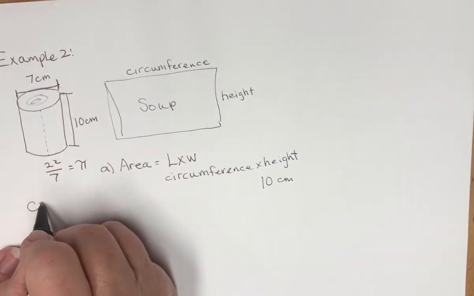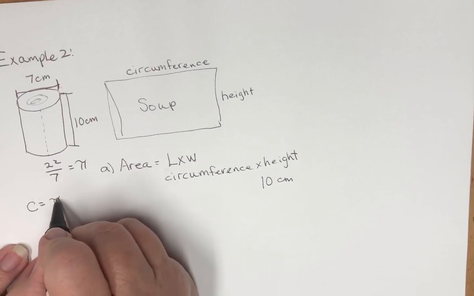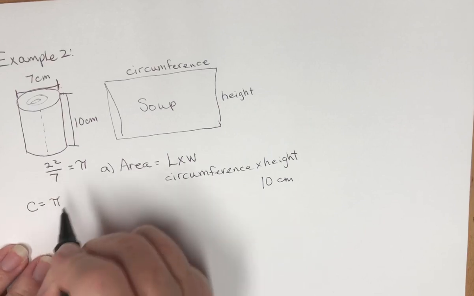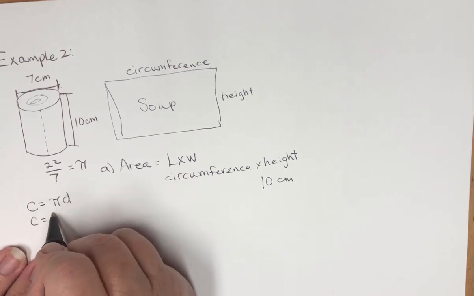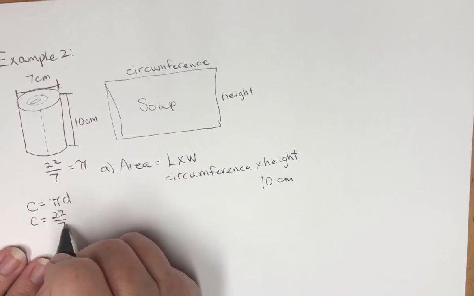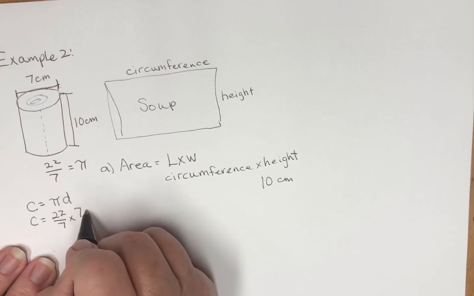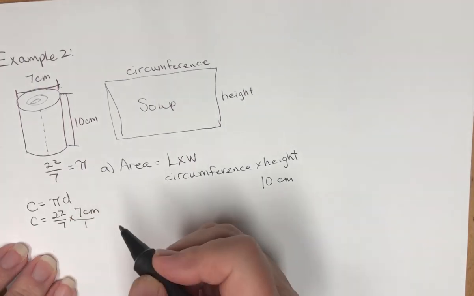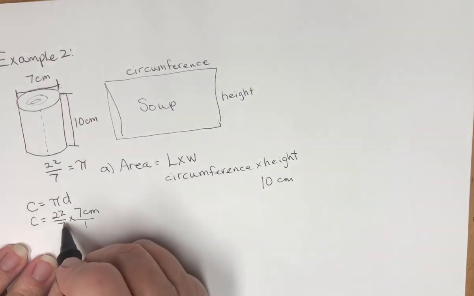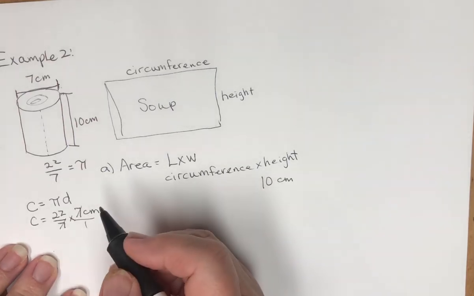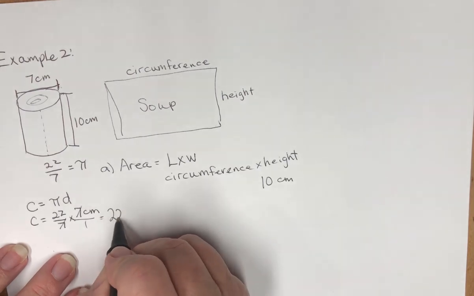So circumference equals pi times diameter. And here they want us to use 22/7 times 7 centimeters. Well, that actually works out really convenient for us, doesn't it? So now the 7s are going to cancel, and we end up with 22 centimeters.